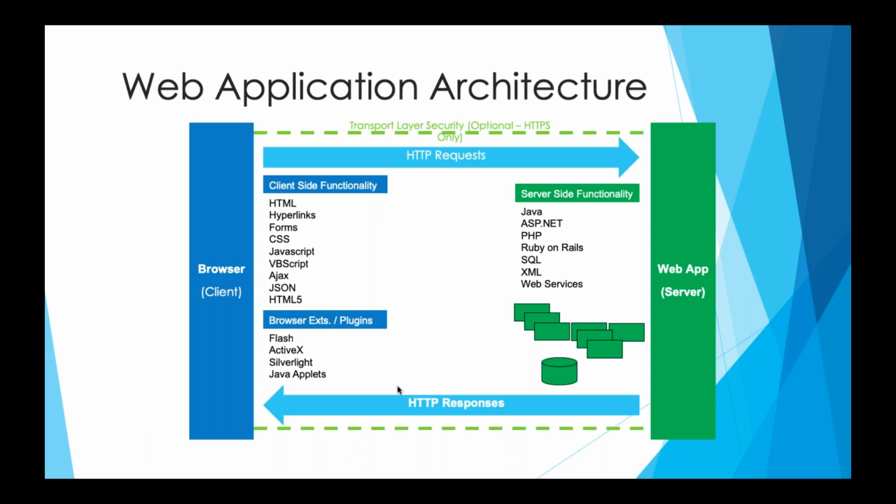That's when you have cross-site scripting impacting the clients. VBScript, Ajax, JSON, HTML5, all those things run on the client side. Even the extensions that we've been hearing about, that they are creating issues at the client side, they run on the client side. They help you load the application. That's what makes the client side application.